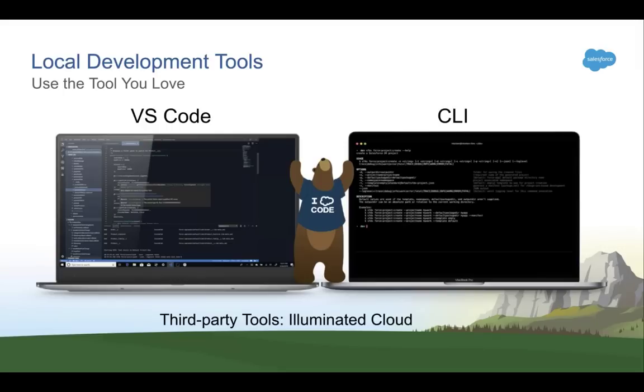For those of you who use other tools, Illuminated Cloud in particular, it'll also work in those environments. I've already been speaking with Scott about Illuminated Cloud to make sure it also has the same LWC local development experience. And if any other tooling vendors want to integrate too, we're certainly happy to have that as well.